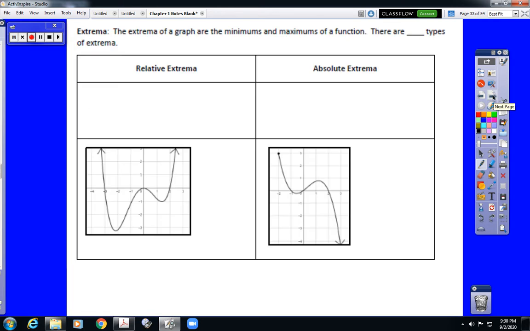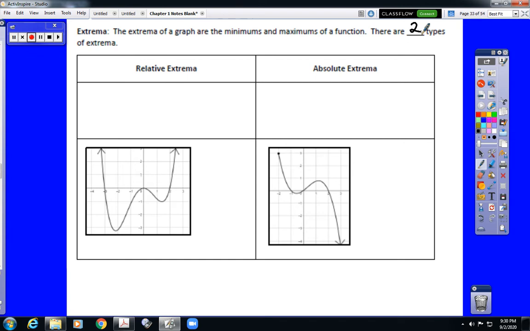Okay, so then we're moving into talking about extrema. Extreme values, maximums and minimums, are what we're talking about when we say extreme values. There are really two different types of extremes.